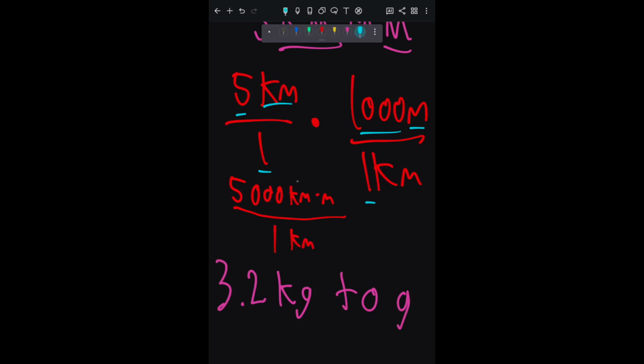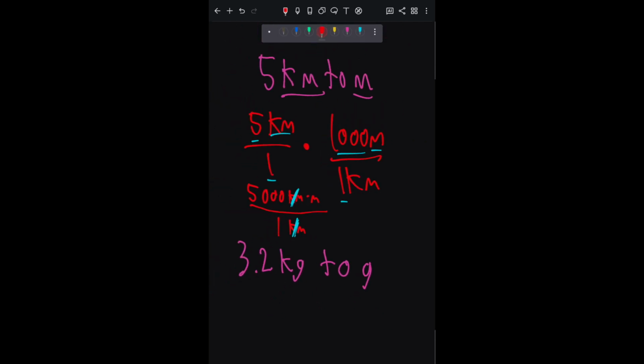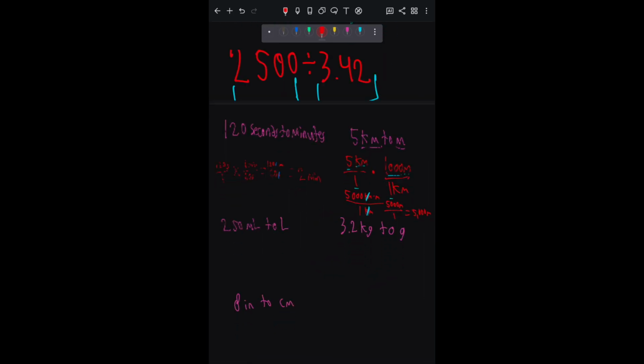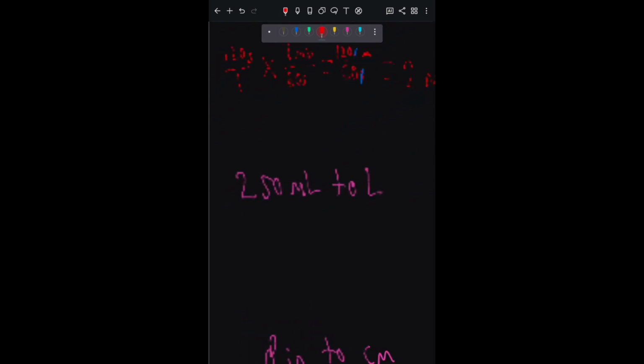And we know that anything divided by itself cancels out to 1. So, boom, you're left with 5,000 meters. I need better handwriting. 5,000 meters over 1, which is equal to 5,000 meters. There you go.